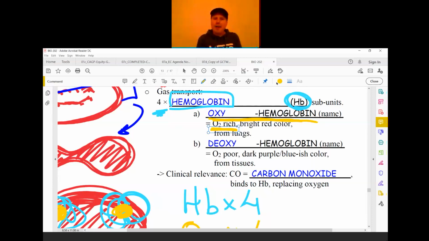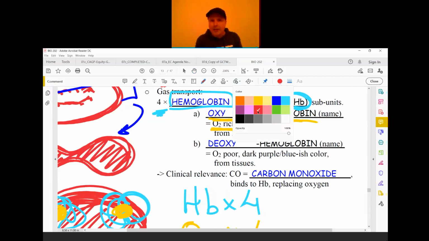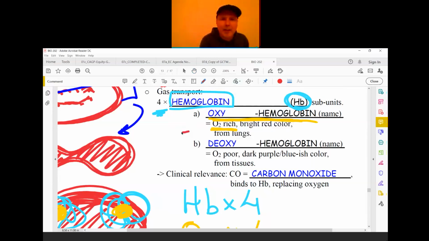This sort of blood, and especially the red blood cells, are bright red in color. So they are that blood that when you cut an artery, out flies this bright red blood. If you watch any movies where they do fighting and they end up cutting themselves, that would be oxyhemoglobin blood.